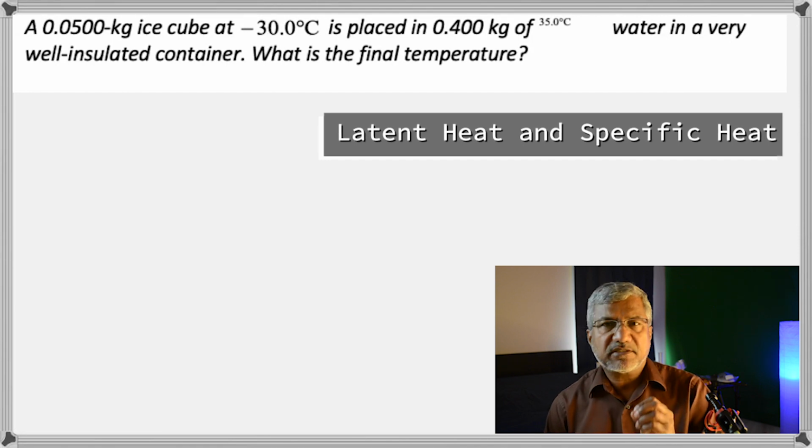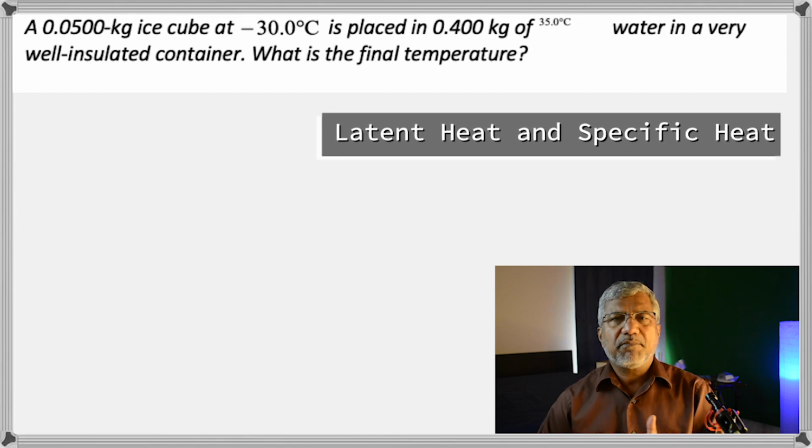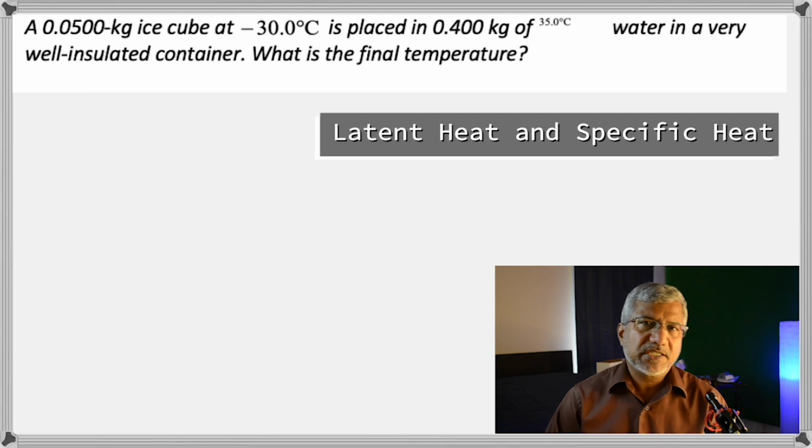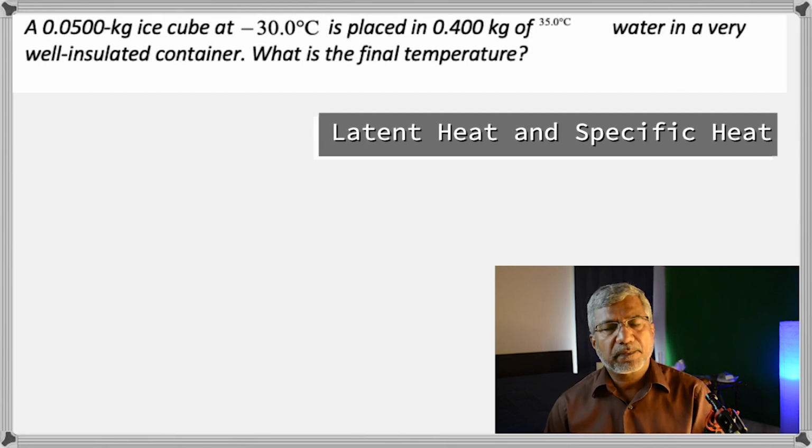And this piece of ice is kept in, or immersed in, 0.4 kilogram of water in a container. Nothing is mentioned about the mass of the container, so we can forget about it, which means it doesn't appreciably absorb heat because it's an insulator, see?